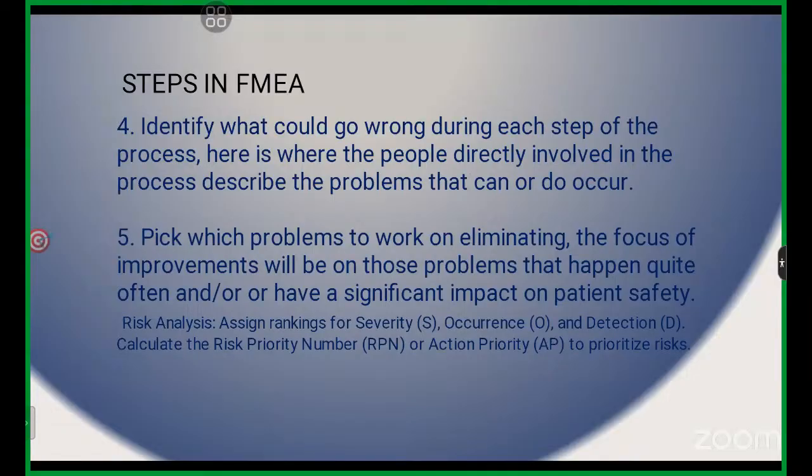Next, in FMEA steps, you identify what will go wrong during each step of the process. Here is where people directly involved in the process describe the problems that can occur or do occur. Pick which problems to work on and or eliminate.